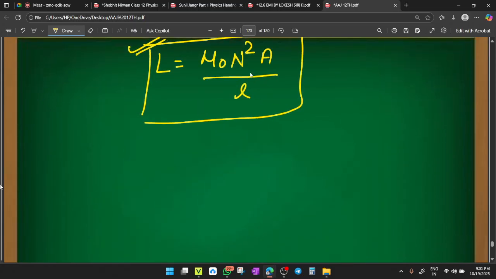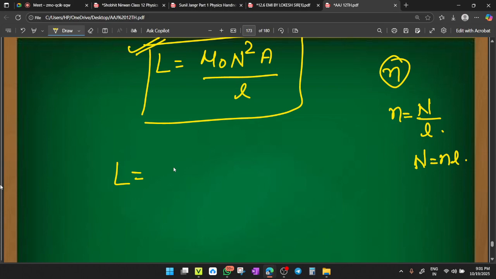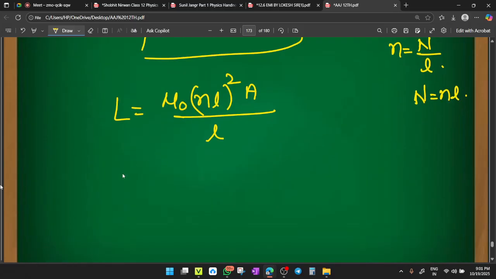If you want to derive this formula in terms of small n, the number of turns per unit length, then what is the formula? Small n equals capital N by l, so capital N equals small n l. Now place here, in place of capital N, small n l, and the area divided by the length of the conductor.